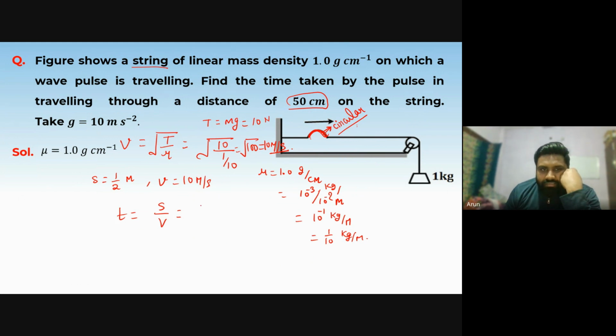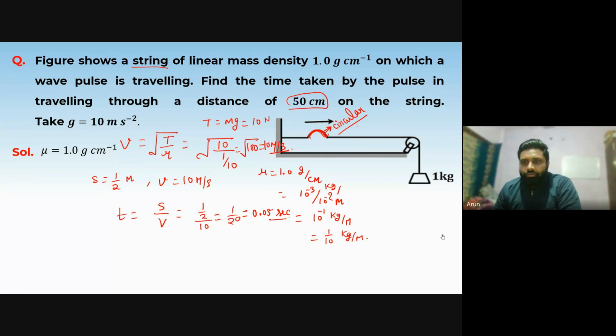Got it? s is 1 by 2, v is 10. So it will become 1 by 20, which means 0.05 second. So how many of you got 0.05? Let me see.